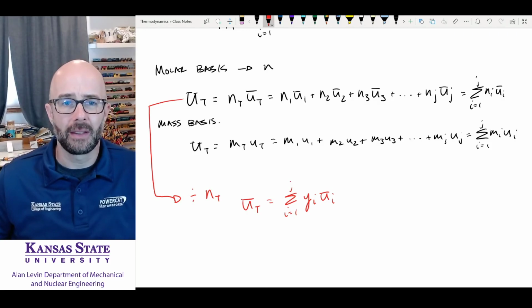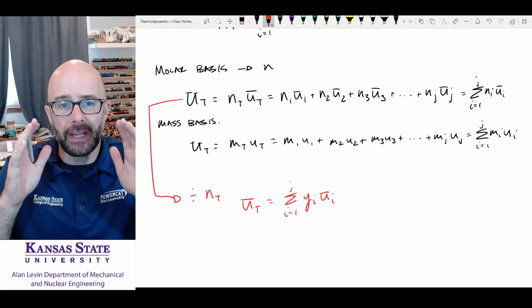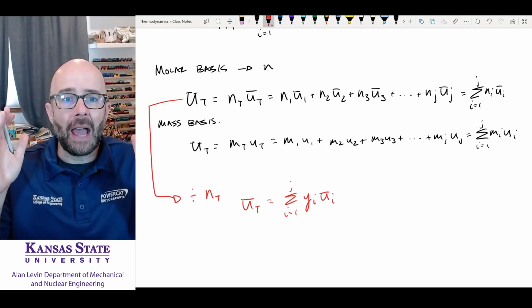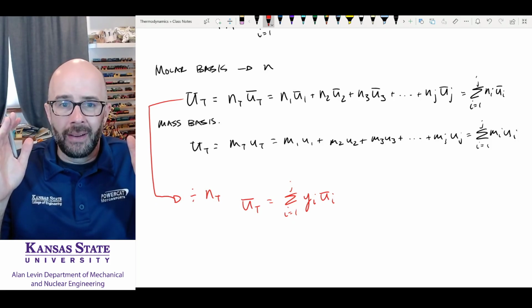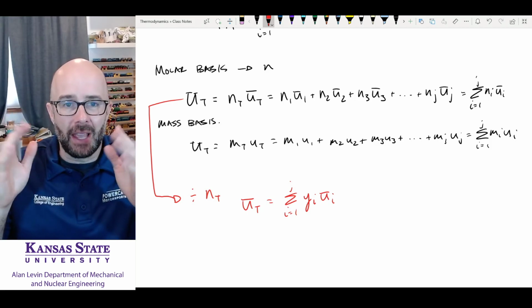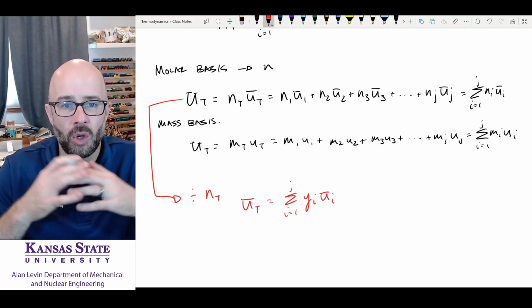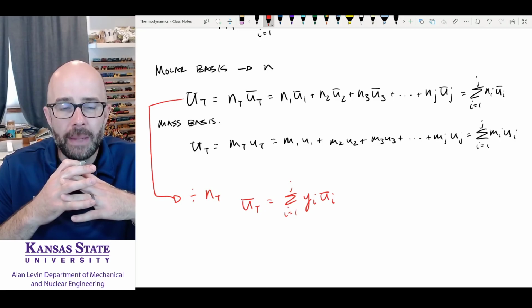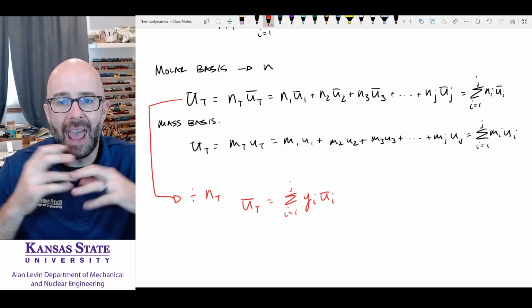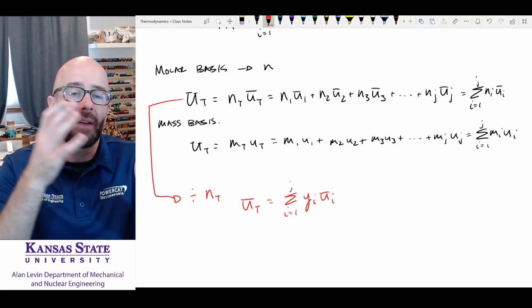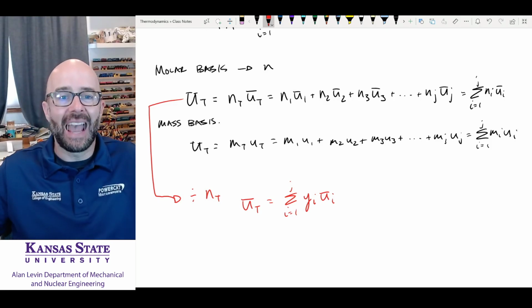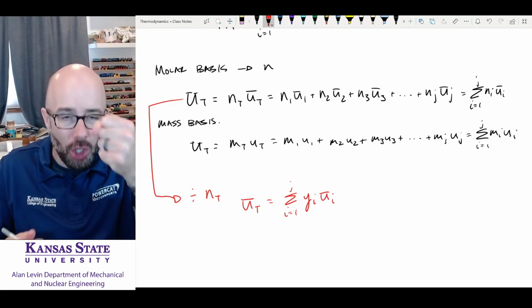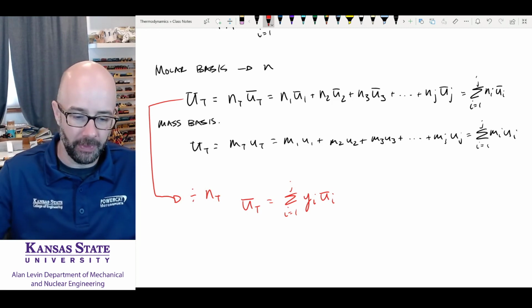And that makes sense. Let's say the internal energy is 500 kilojoules per kilomole. Well, you only have 20% of that, so you take 20% of that total. So you add up: 20% comes from here, 30% comes from here, and 50% comes from someplace else. And that all adds up to the internal energy of that mixture.